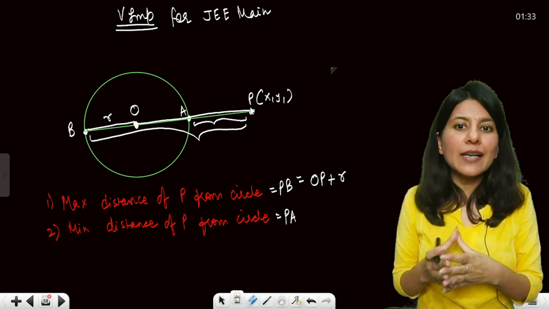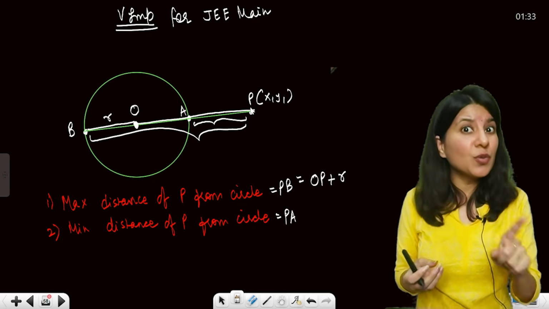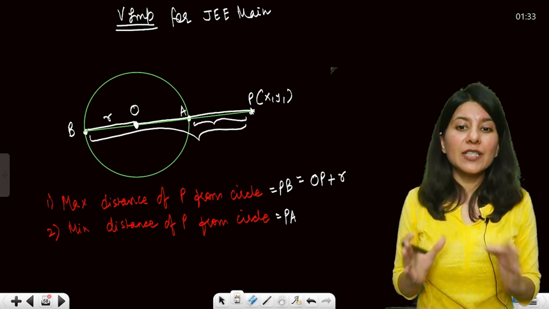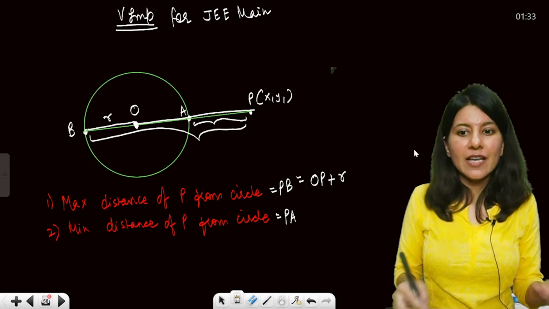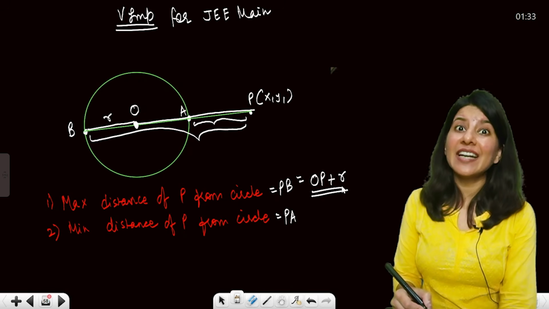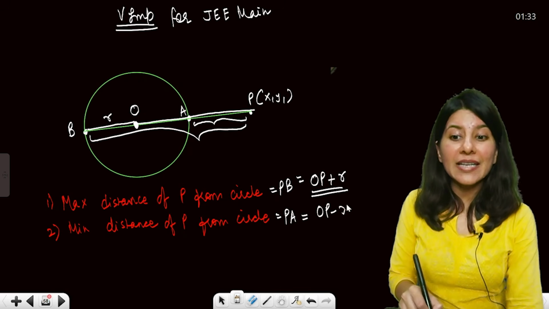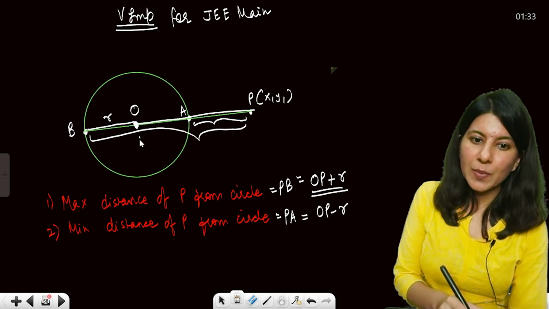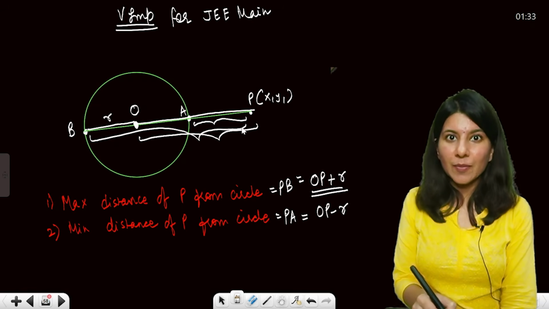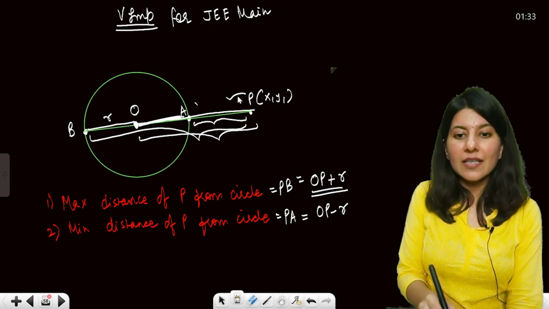You cannot calculate the distance between point P and point A because you don't know point A, but you know the center. So always think about this. OP plus radius will give you the maximum distance. What is OP? The distance between the center and that point. And PA will be OP minus R, right? Again, OP is the distance between the center and P, and if you subtract the radius, then you will get AP.